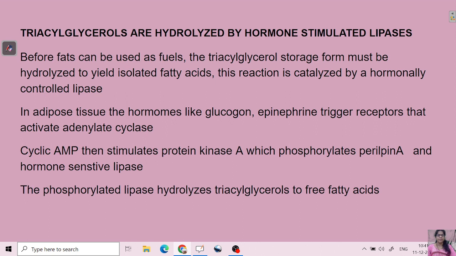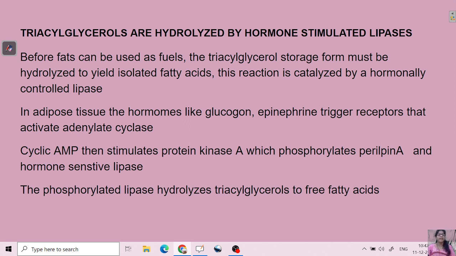This cyclic AMP will stimulate protein kinase A, which helps in the phosphorylation of lipase. And thus the hormone sensitive lipase would come into action. So this slide is all about how the lipases come into action, breaking the triacylglycerols into free fatty acids.